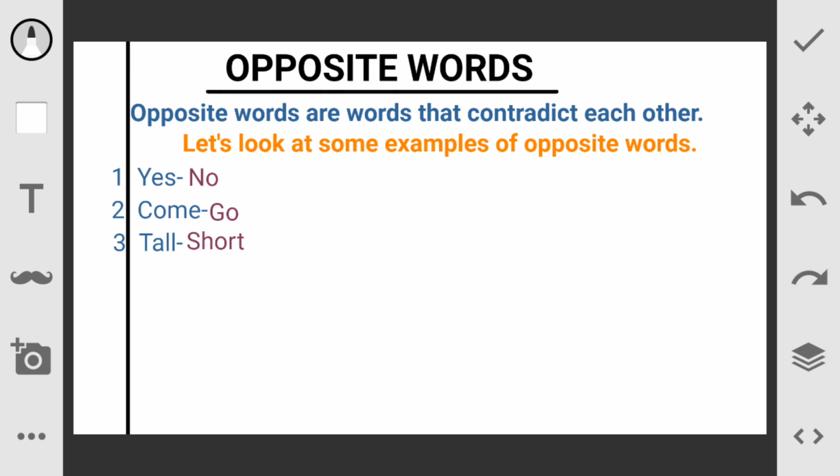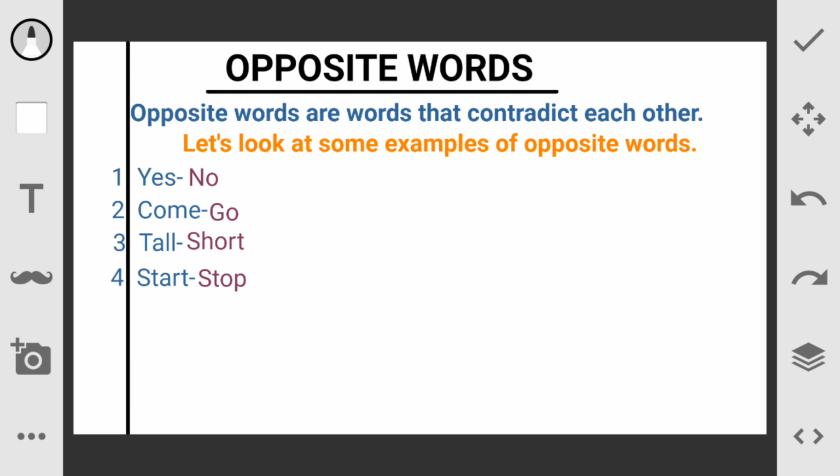The opposite word of to is short. Start. What word contradicts start? The opposite word of start is stop.